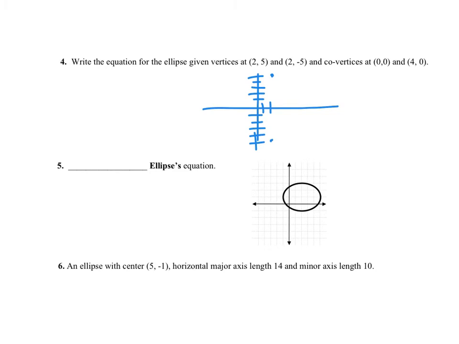Oh, this is number 5. We're going to have to find the ellipse's equation just from the graph. So 2, 5, 2, -5, and then our co-vertices are at 0, 0, and 4, 0. So here's our ellipse, goes around, looks like that. Okay? So here we go.